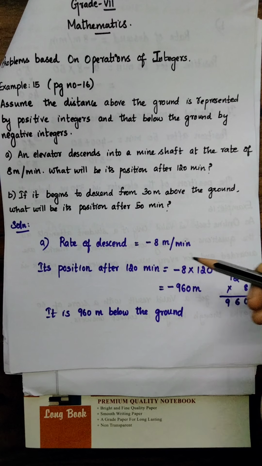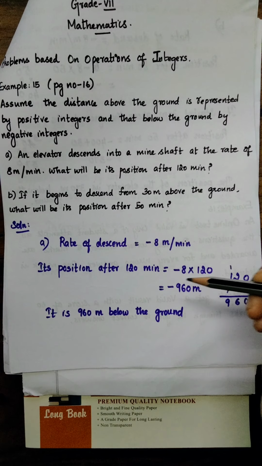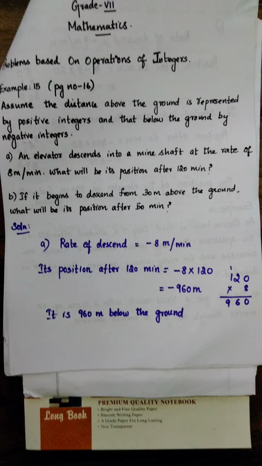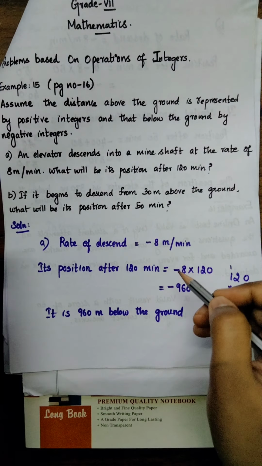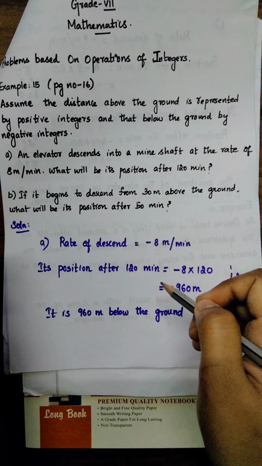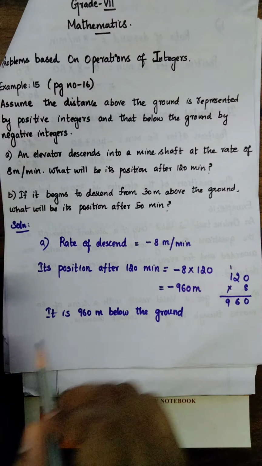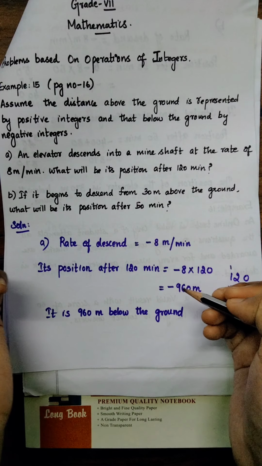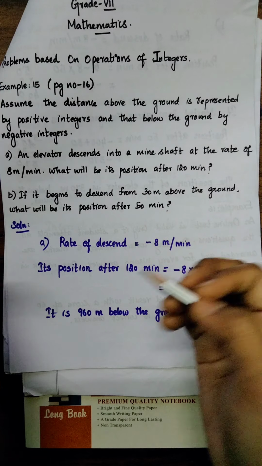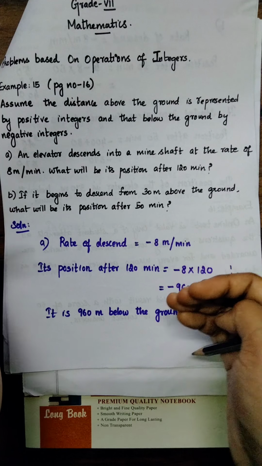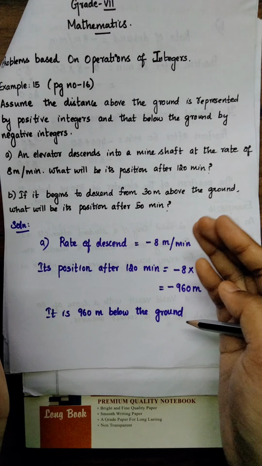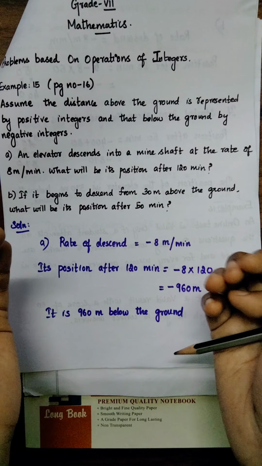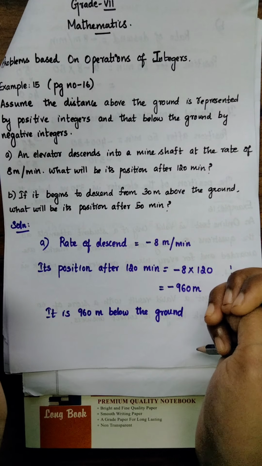Minus 8 into 120 is minus 960 meter. So it is 960 meter below the ground, because we got the answer in minus. So after 120 minutes it is 960 meter below the ground.